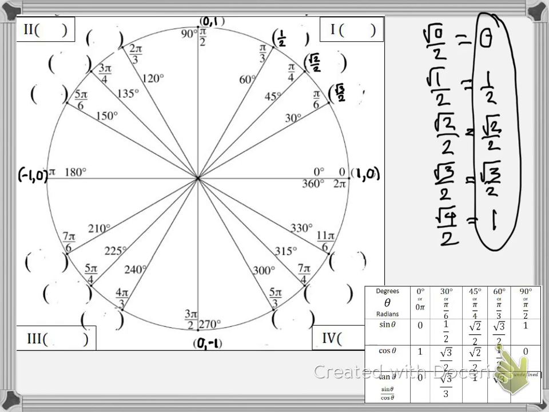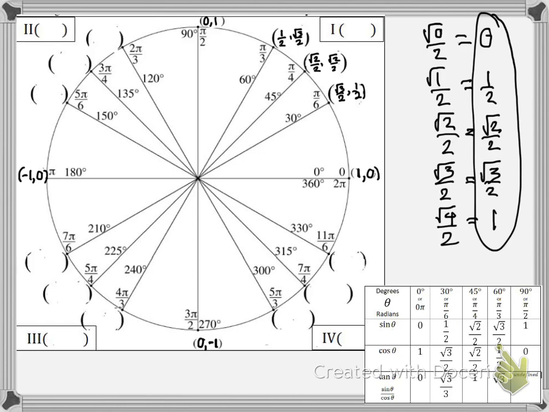My y's start with 0 out here straight out to the right. So the y's are going to go 0, 1/2, root 2 over 2, root 3 over 2, and back up to 1 on top. I'm going to do that in all 4 quadrants.